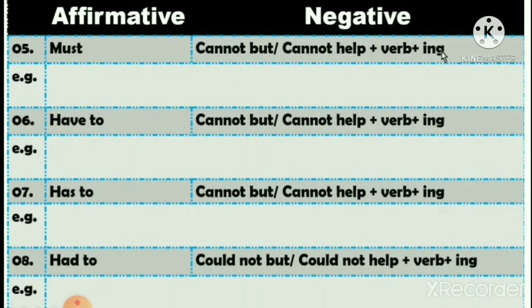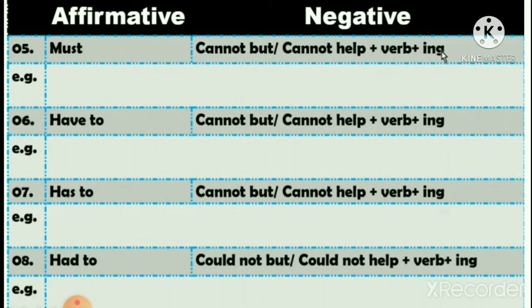Now here we see other words: must, have to, has to. This is the same structure. If there is must in the sentence, we can change it into cannot but or cannot help.